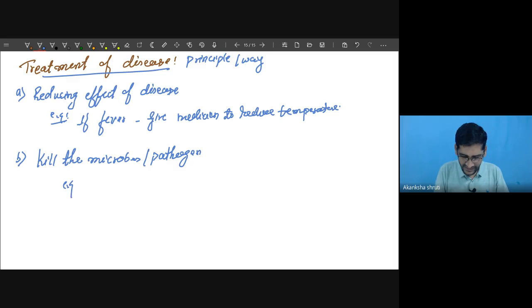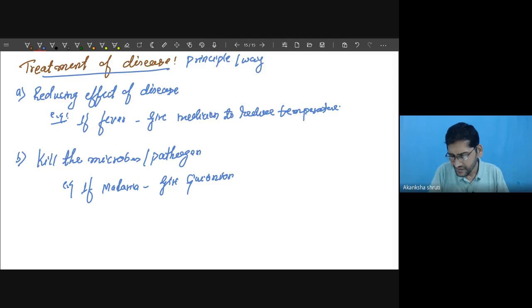Example, if malaria, then give quinine medicine. Quinine is basically hydroxychloroquine, but those things need not be memorized.